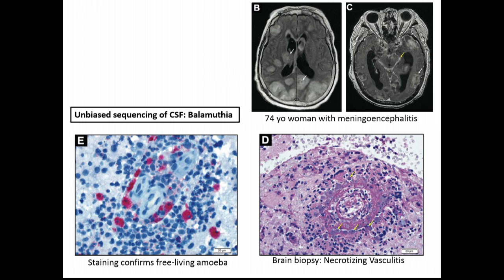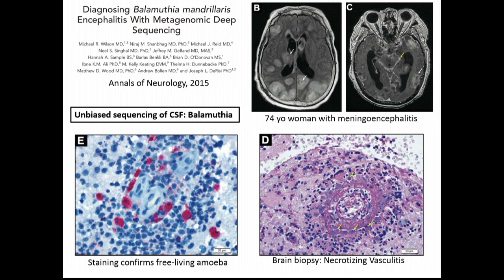And when you go back and stain immunohistochemically, you can actually see that these are free-living amoeba in the brain, essentially eating brain tissue. So this is just another example where we're struggling in real life between autoimmune and infectious, and using unbiased approaches can get guidance that, of course, needs clinical correlation.